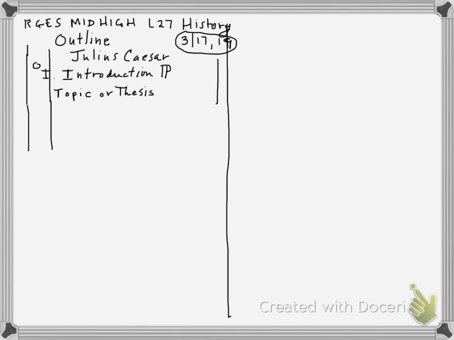On this outline, you're actually going to write out your topic sentence, your thesis, the entire sentence. You want three important points. Find the three most important things that you learned about Caesar, and these three important points are going to be incorporated into your topic sentence.